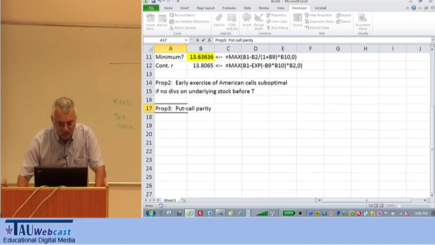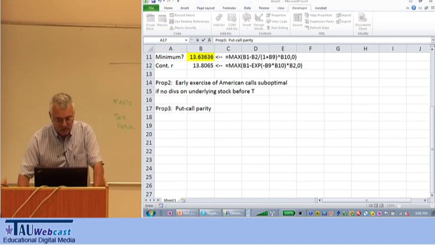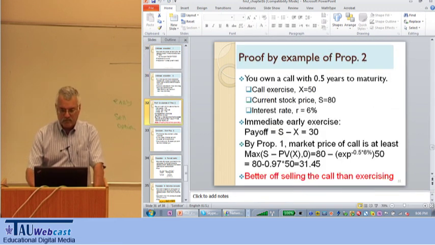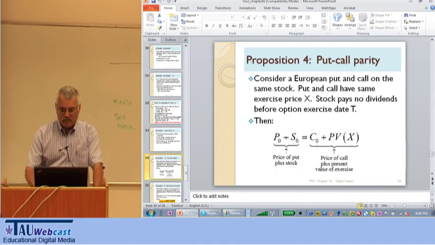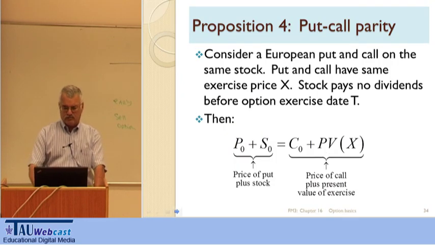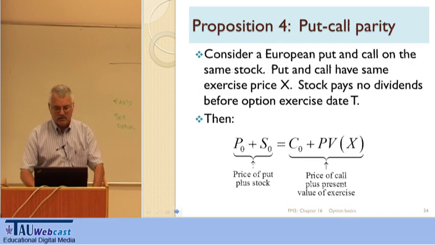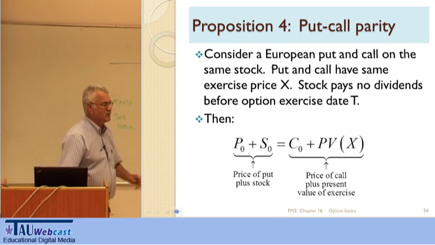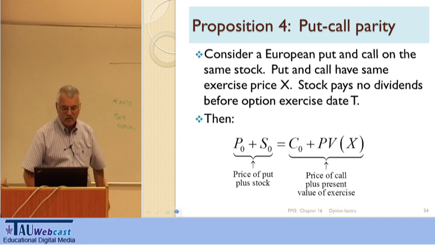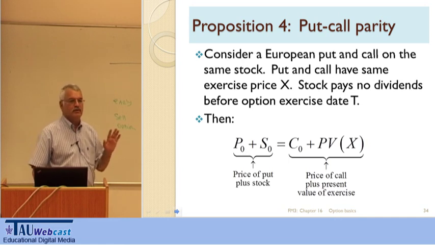Okay? Here it's called proposition 4. What's proposition 3? You know what? There's a mistake in the slides. This should be proposition 3. Okay? So here's what put-call parity says.